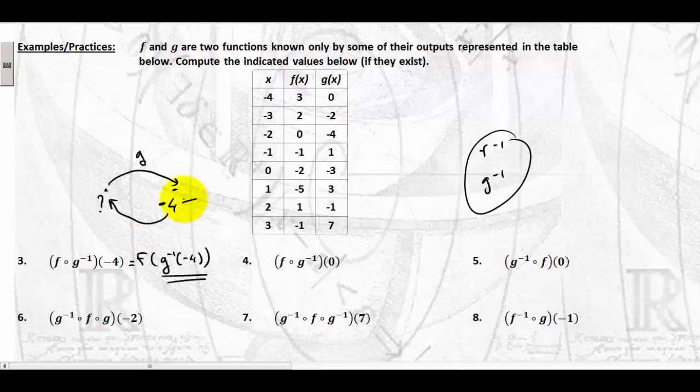So this is an output of g, right? It's an input of g inverse, it's an output of g. Therefore, I have to look at the column of output. Negative 4 is right here. G inverse of negative 4 is 0. So this is f of 0, and f of 0 is negative 2. Right here. Okay? Yes? Clear? Let me do another one and you're going to do the other.